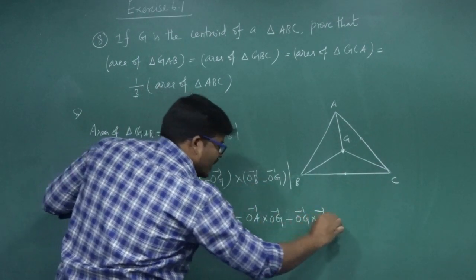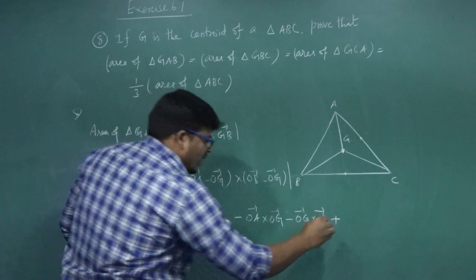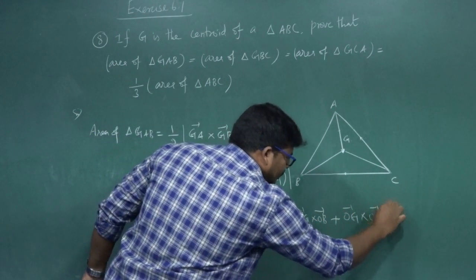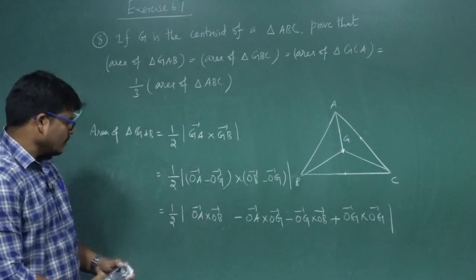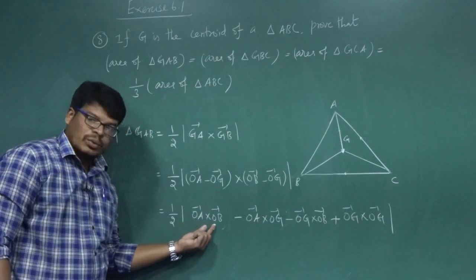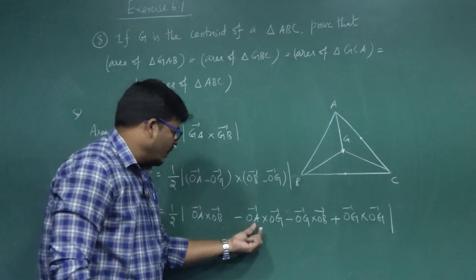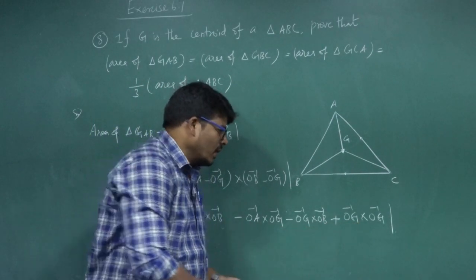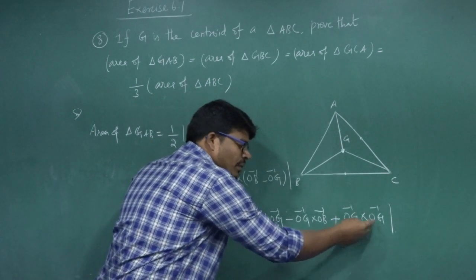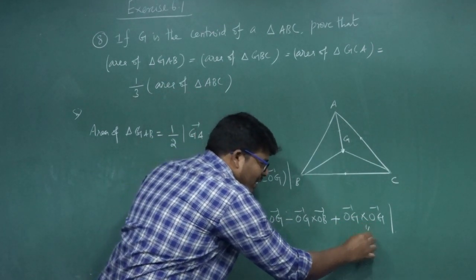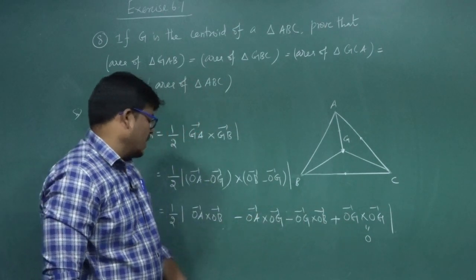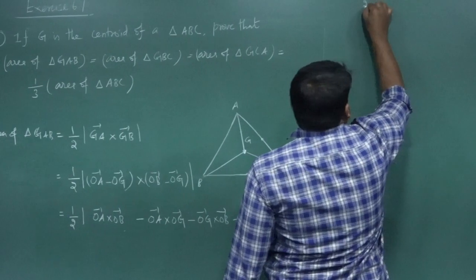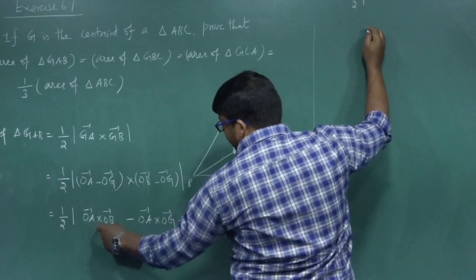Next one, minus into minus is plus OG vector cross OG vector. First one, OA cross OB; next minus OA cross OG, minus OG cross OB, plus OG vector cross OG vector. OG vector cross OG vector: the two vectors are parallel, so this value is 0. The remaining is 1 by 2 modulus of OA cross OB.